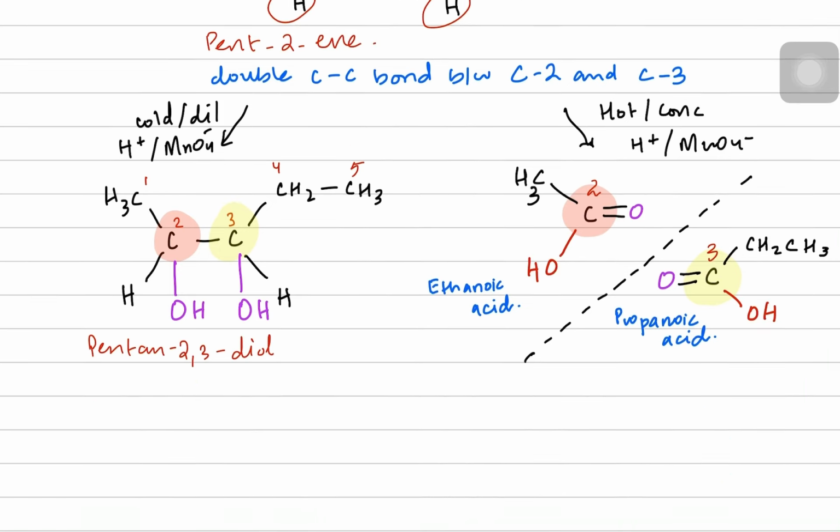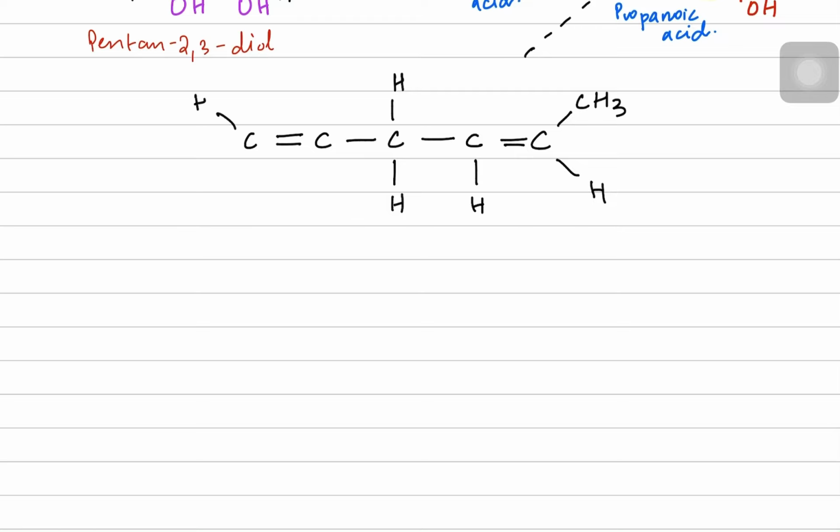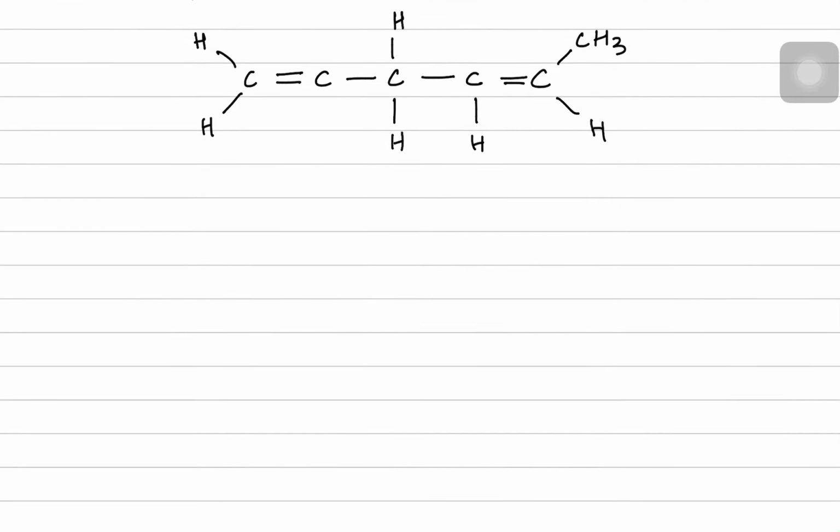For the sake of learning, let's have one more example. I'm making a more complicated structure over here. We will name this compound as the reactant, and then we'll also try to make the products with cold dilute and even hot concentrated manganate.